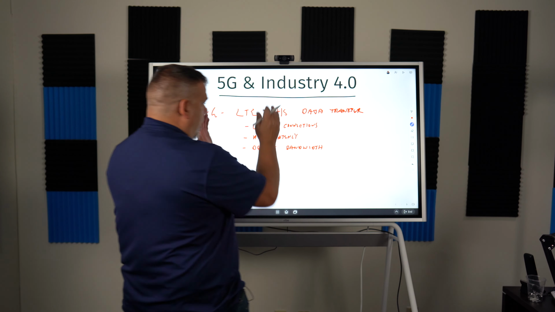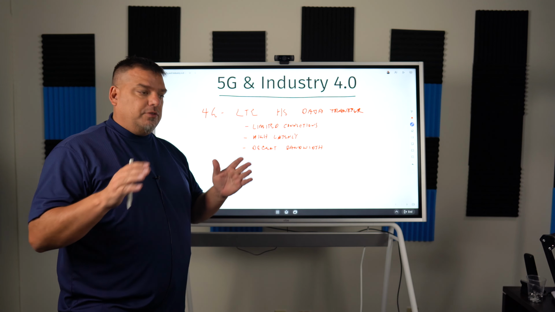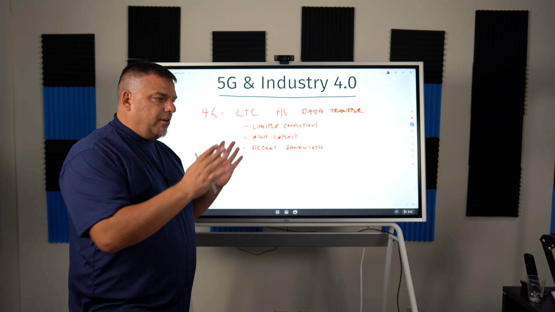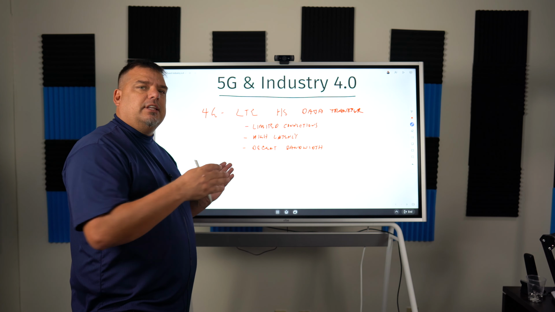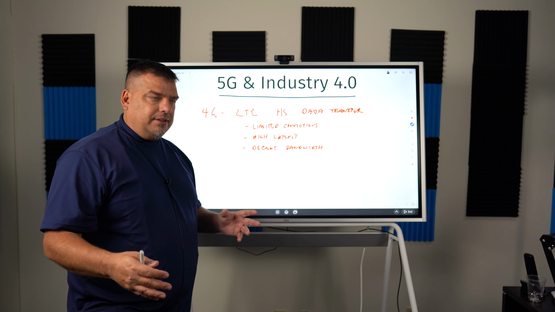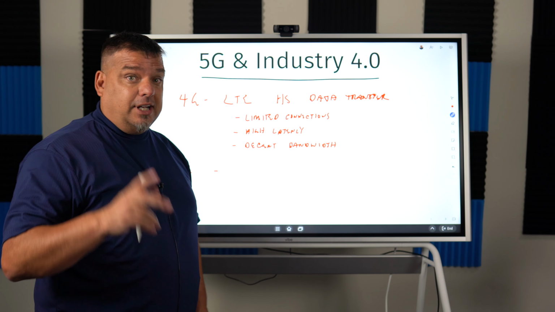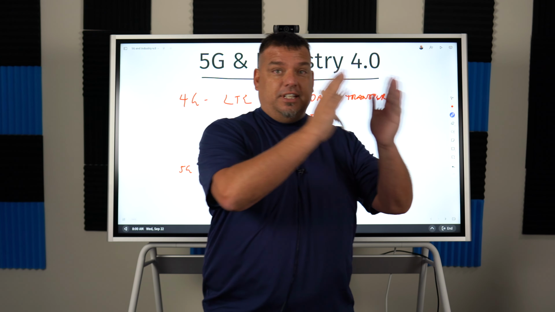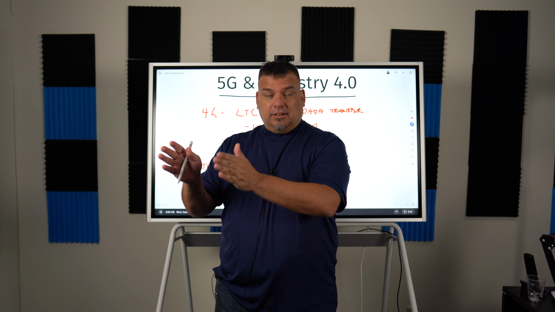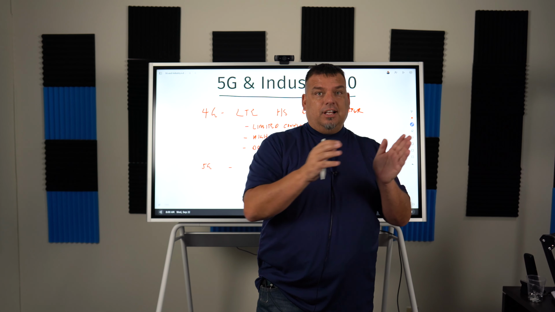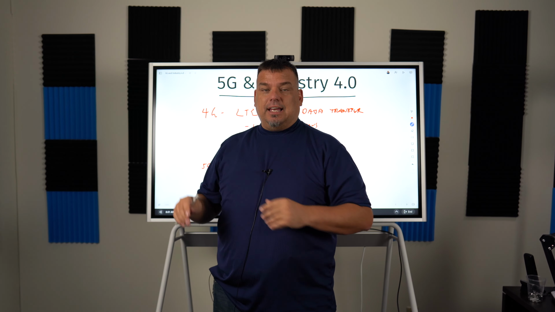Because 4G was really like a digital subscriber line, if you compare 4G in terms of mobile networks to your home network, it's the equivalent of DSL. 5G is the equivalent of fiber. Most of us went from DSL to cable, to fiber. So DSL, then we went to something like Time Warner's Road Runner, and then we went to fiber.